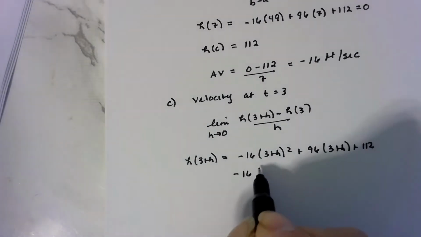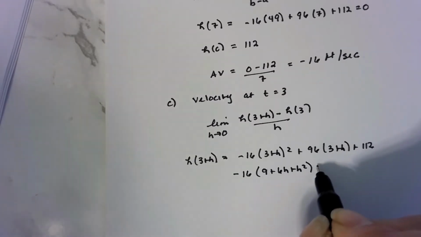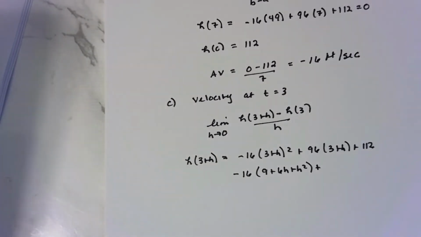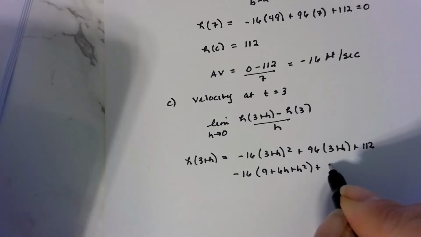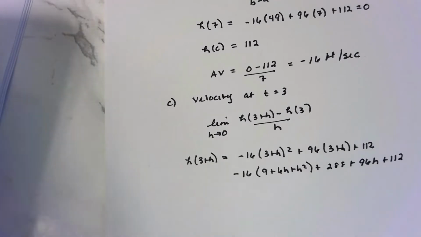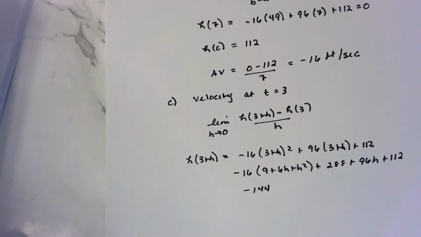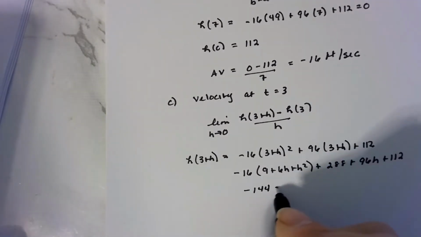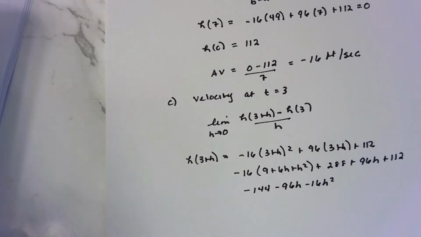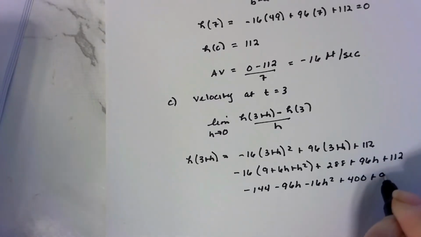Expanding this part here, I'm going to have 9 plus 6h plus h squared. 96 times 3 is something, that's too much for my brain, so 288. And distributing the 16, we're going to get negative 144 minus 96h minus 16h squared, and 288 plus 112 is 400.